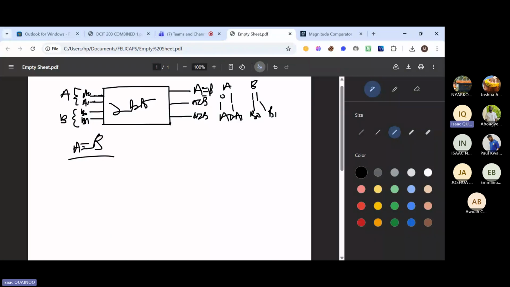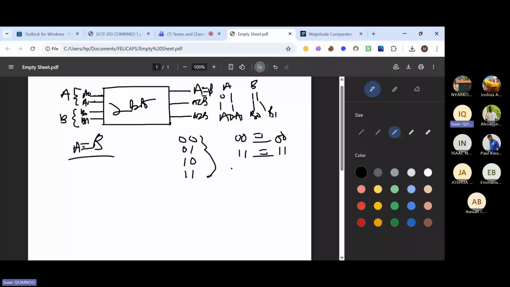Okay, so let's look at the set of all combinations where 2-bit binary numbers will be equal. We know that 2-bit binary numbers can be 0 0, 0 1, 1 0, and 1 1. With these, when would they be equal? They will be equal when you are comparing 00 to 00. They will also be equal when you are comparing 11 to 11.